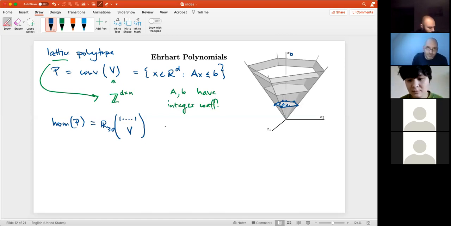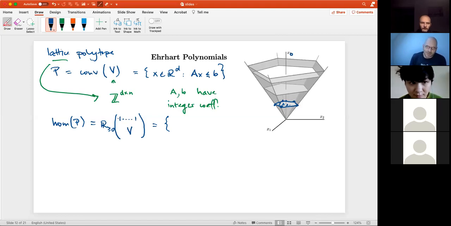And the reason why I like to call this the homogenization is because there's an easy way to think about it from the half-space description of your polytope.